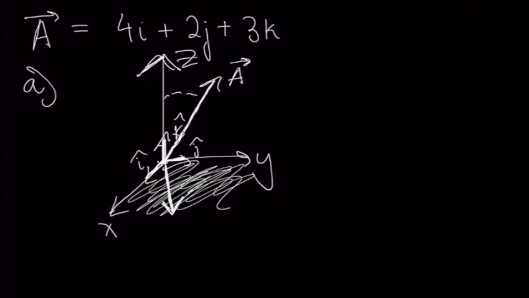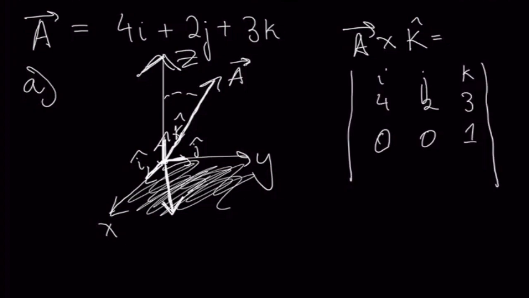So simply do A cross k hat, which is 2i minus 4j.